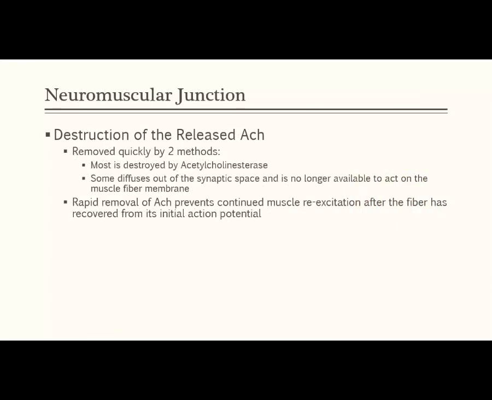And then again, the acetylcholine that has been released is mostly destroyed by acetylcholinesterase, but some of it just diffuses out of the synaptic space. And it's important to prevent kind of prolonged contraction so that the muscle can recover from its initial action potential.